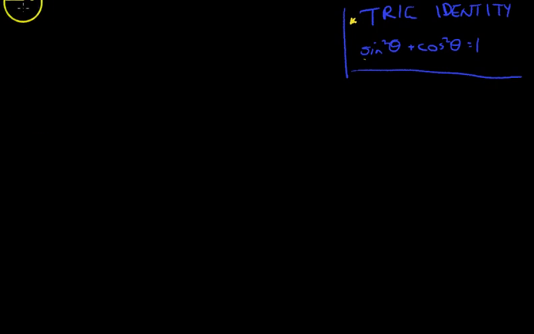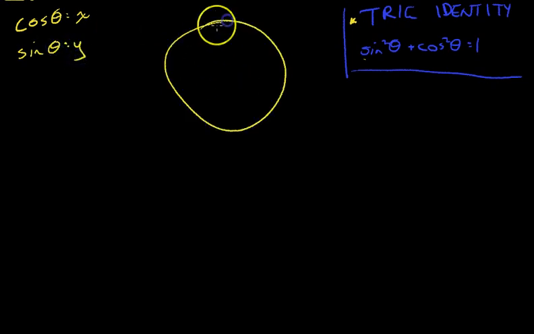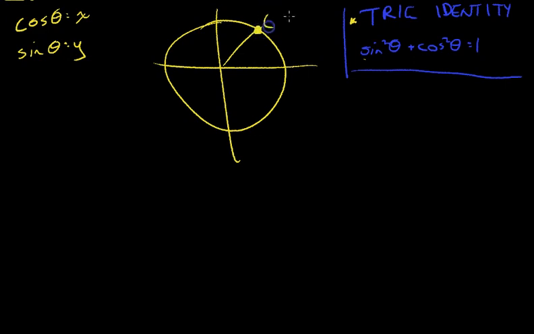Cos theta equals x and sine theta equals y. Now that means that on our unit circle, we pick a point and the x value is going to be cos theta and the y value is going to be sine theta.